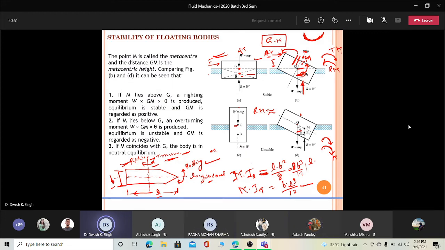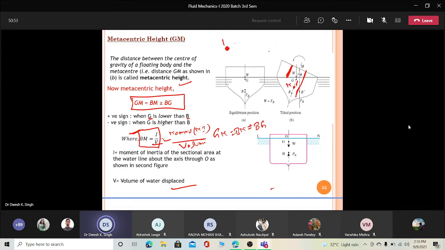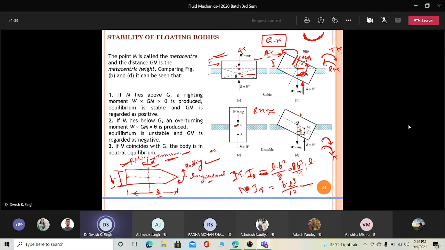Now, if length is large, then the moment of inertia of this, sorry, here let me take L. It was L, okay? So for L, look at the L, let me write here. It is in the cube, and this length is large and it is in cube.